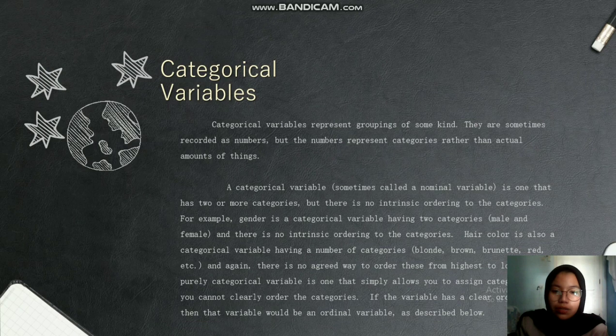A purely categorical variable is one that simply allows you to assign categories. You cannot clearly order the categories. If the variable has a clear ordering, then that variable would be an ordinal variable as described below.